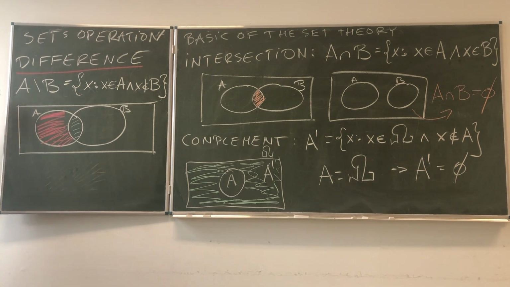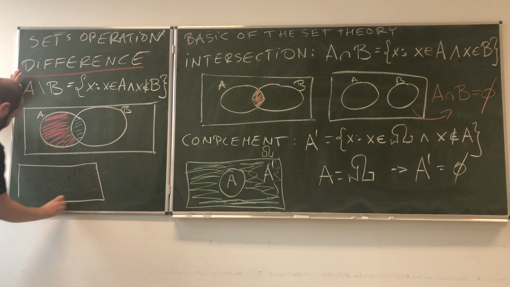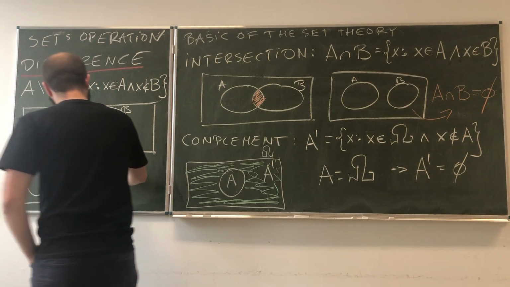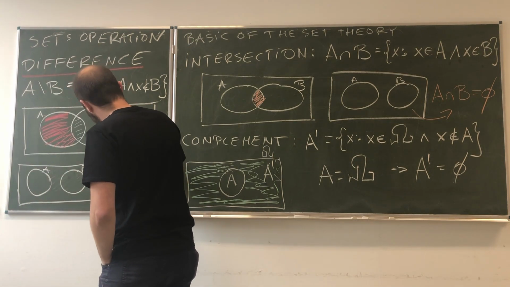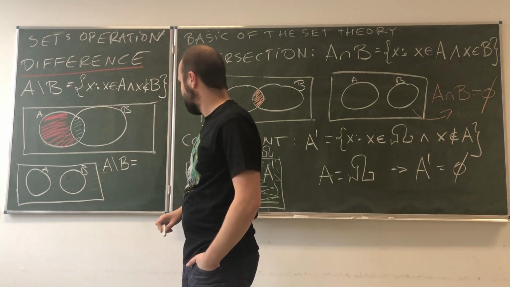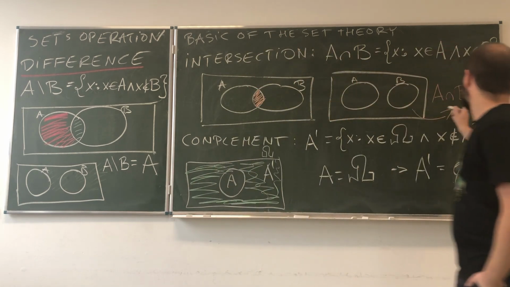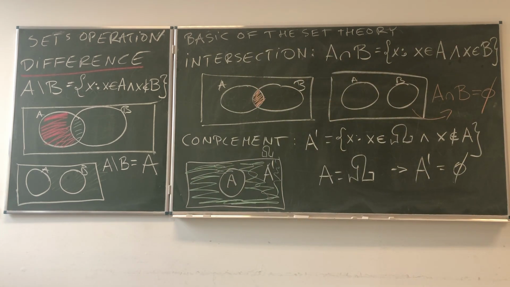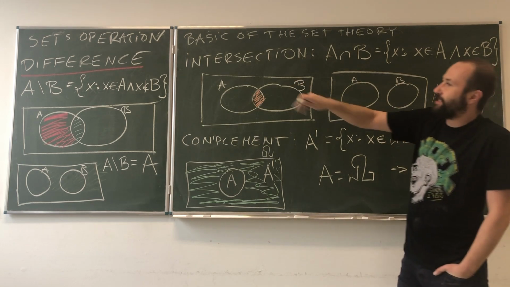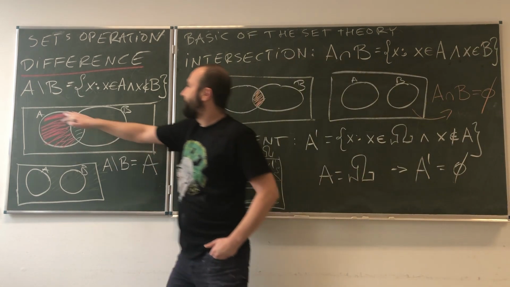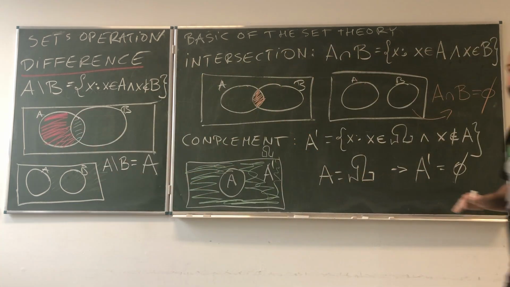Again, if A and B are disjointed, A, you've got B, then A difference B. We need to say that what we need to do when we take the difference of two sets, we need to take out of the first set the common part.